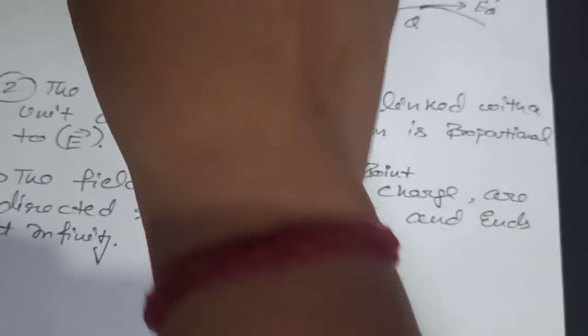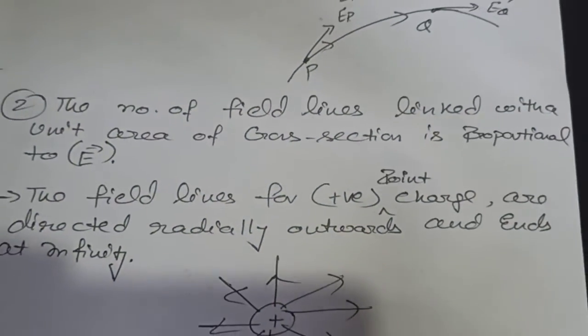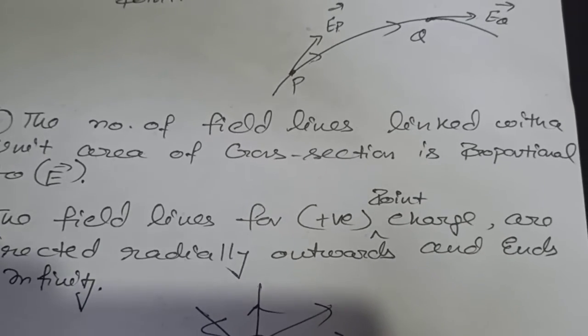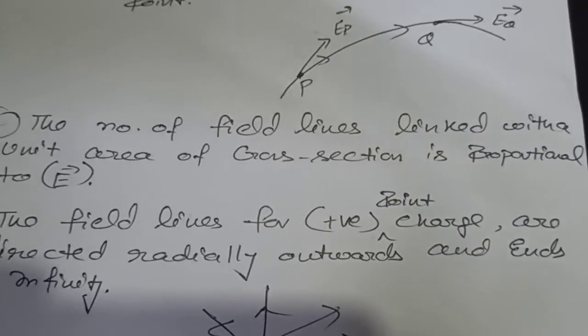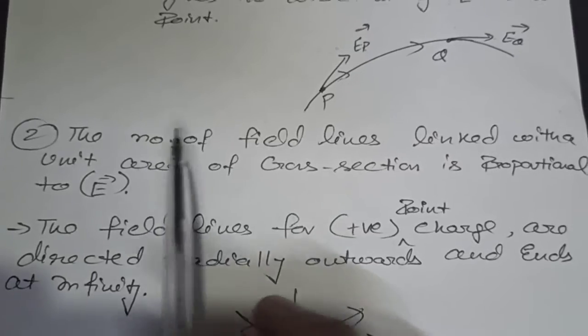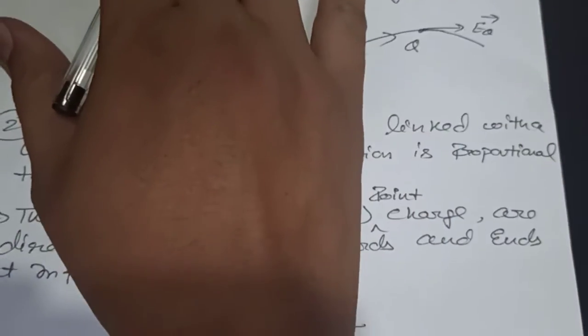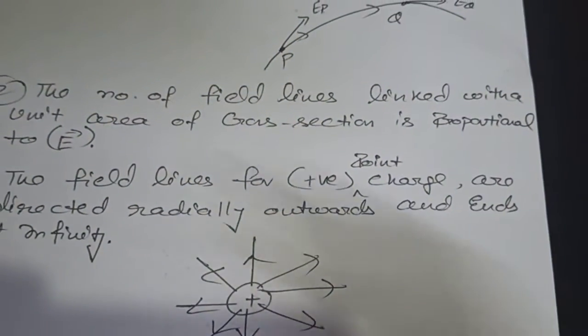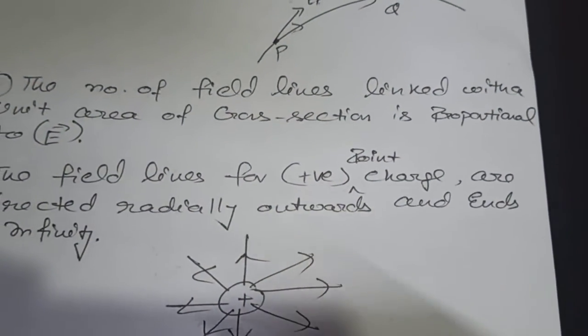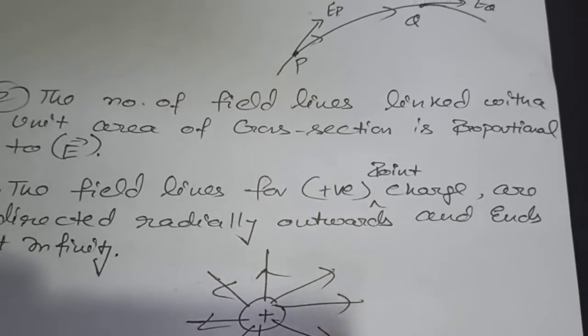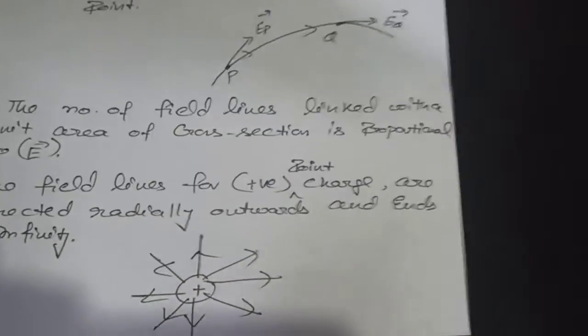Electric field lines are smooth, continuous curves which start from positive and end at negative. The number of electric field lines per unit area of cross section is proportional to the electric field. It means that whenever the number of field lines is greater, the electric field strength is greater. Whenever the number of field lines is less, the electric field is weak.